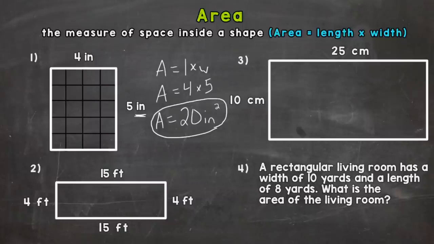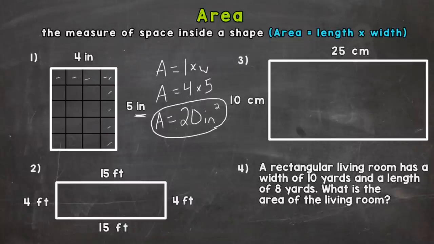And I did something so we can kind of visualize what those 20 square inches look like that cover or fill that rectangle. So we have 4 inches going across, so I put 4 squares going across. And we have 5 inches going down, so 1, 2, 3, 4, 5.